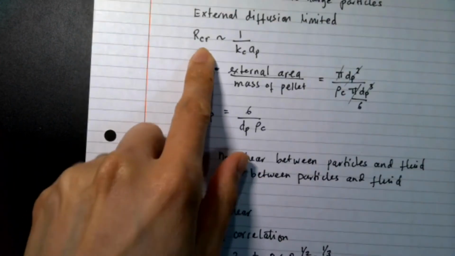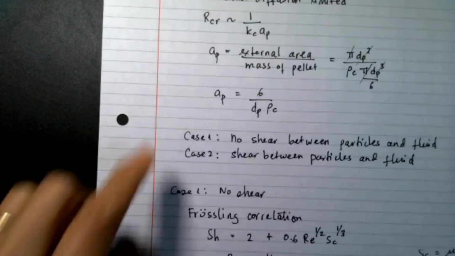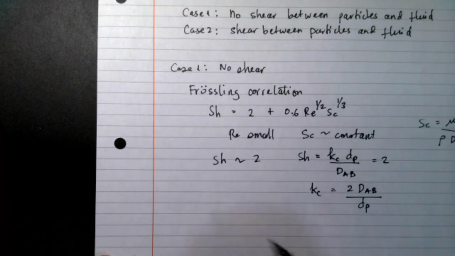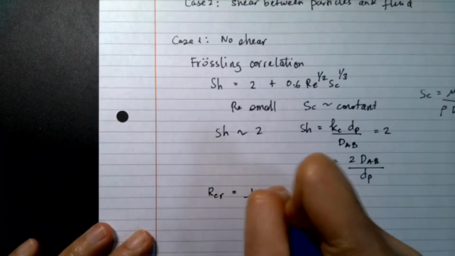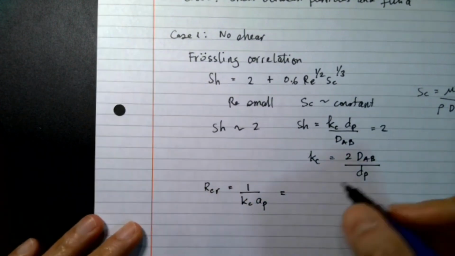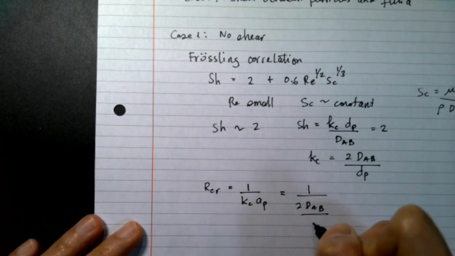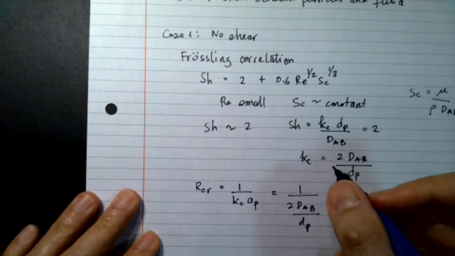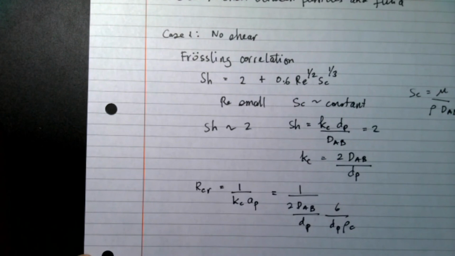And now, substituting Kc and AP into our RCR. So RCR from here is equal to 1 over Kc AP. Okay, so Kc is this. So we have 2 dAB over the particle diameter, and AP is this. So we have 6 over dp rho c.